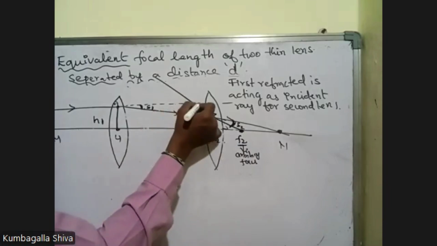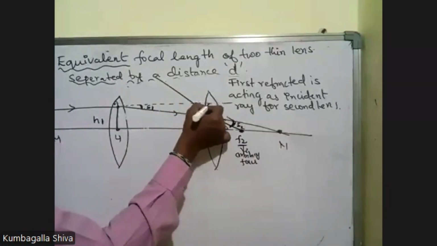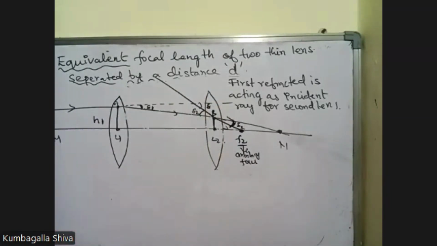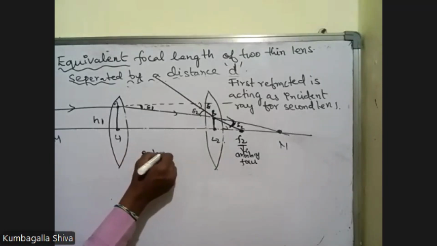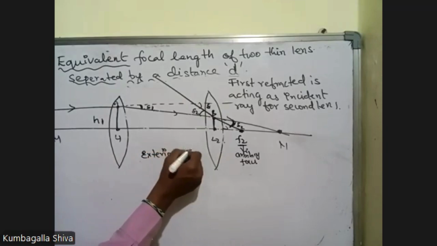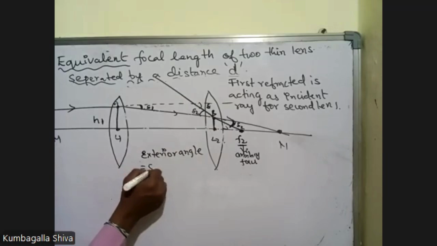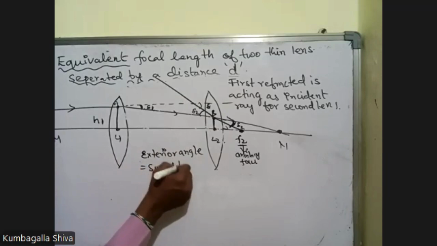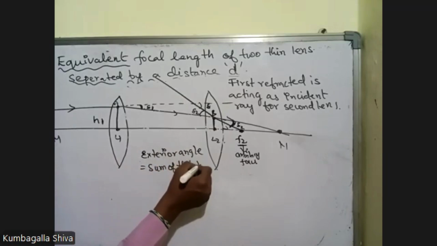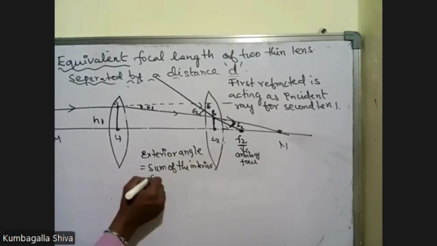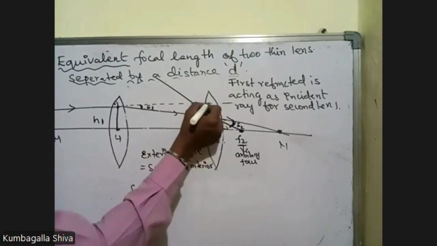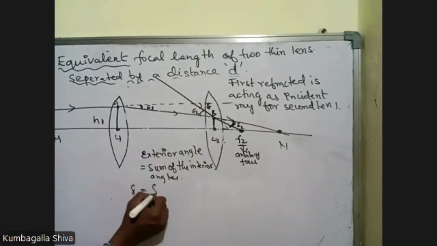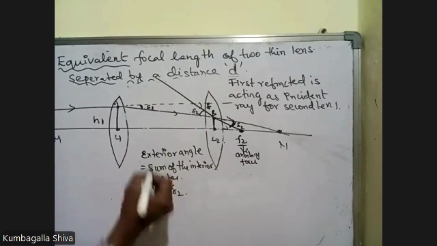Now we know that the exterior angle is equal to the sum of the interior angles. Delta here is the exterior, so delta is equal to delta 1 plus delta 2.